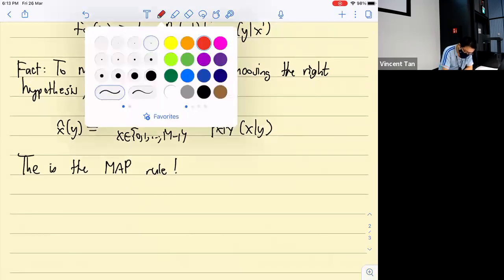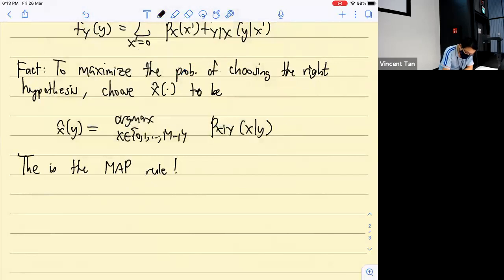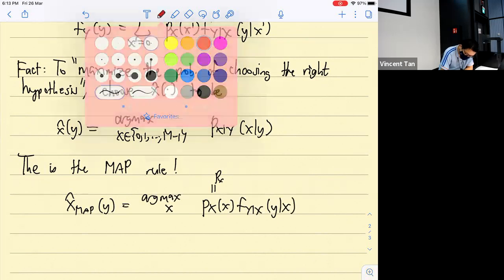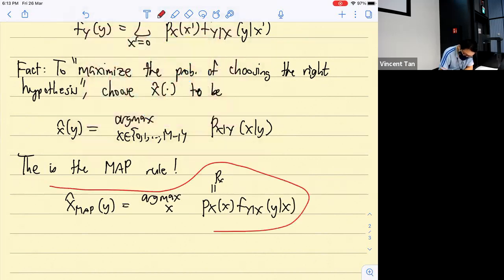So let's try to prove that this actually maximizes the probability of choosing the right hypothesis. Okay, so another way to write this is that the MAP rule, x_MAP, so this is a particular function, I'll index it by y, x_MAP is argmax over x of p of x, which we will abbreviate to p_x very soon, times f of y given x. So this guy here is equivalent to the above.